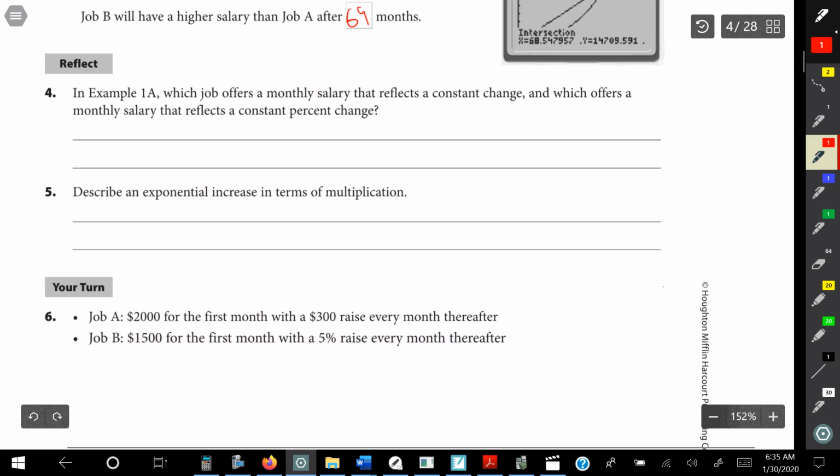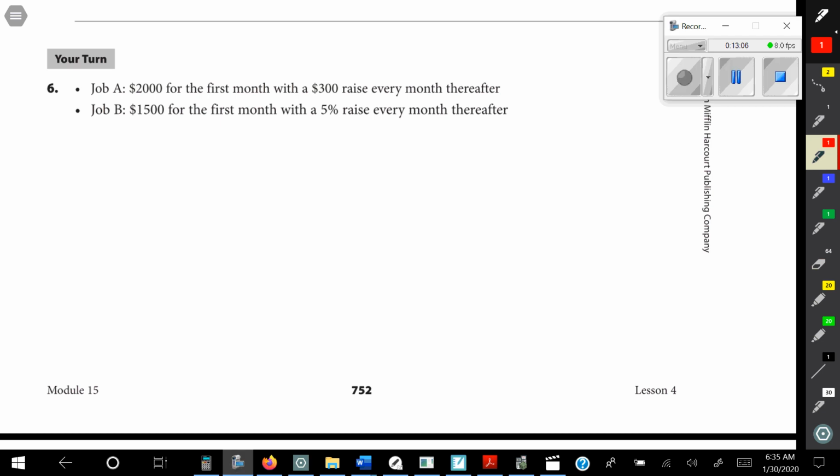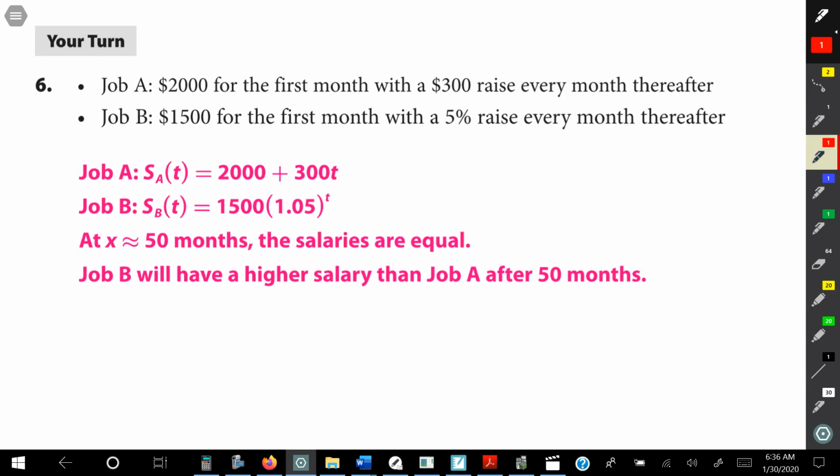All right, well, let's take a look at this example here and see if you can figure out which salary is going to be better, or when will job B overtake job A. Okay, so this should be what you get for number 6.